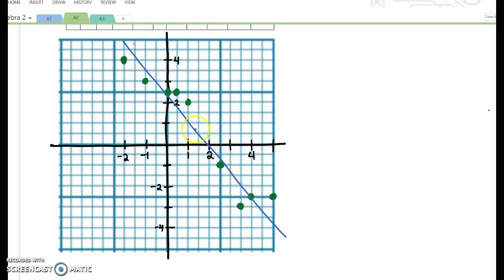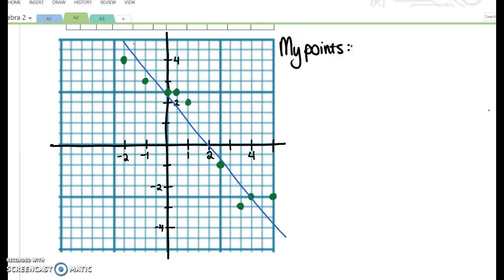And then keep looking for another point that is perfectly on the line. It's a really good idea to pick one point that's on the upper side of your line and one point on the lower side. So I'm going to pick 2 points that are on my line. You pick 2 points that are on your line.